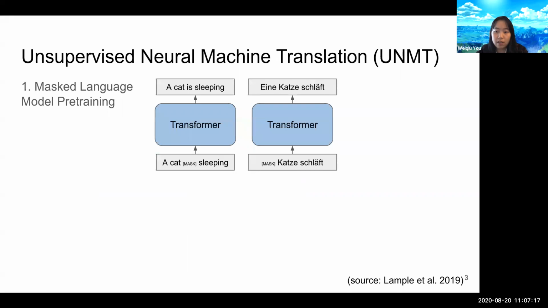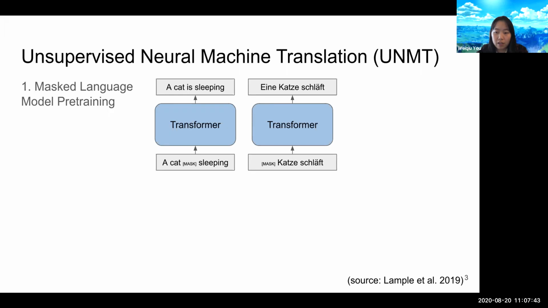Unsupervised machine translation, on the other hand, does not use any parallel data, but only monolingual data of each language. One of the state-of-the-art unsupervised neural machine translation methods is to first train a masked language model that can fill in the masks for sentences in the two languages.